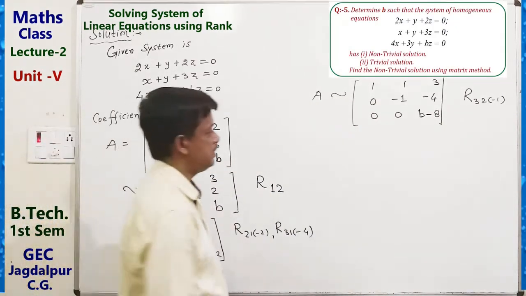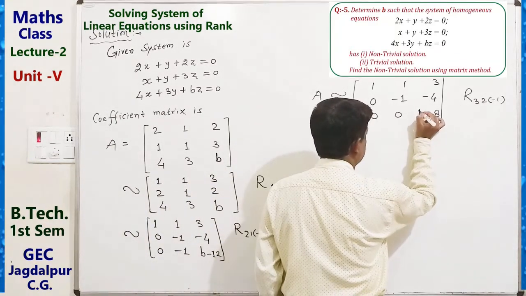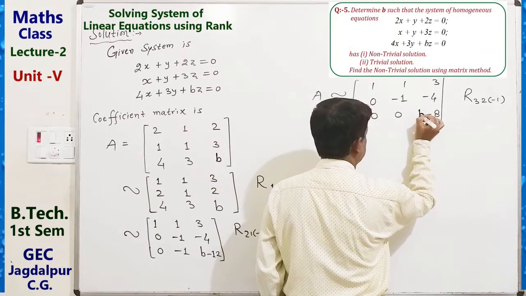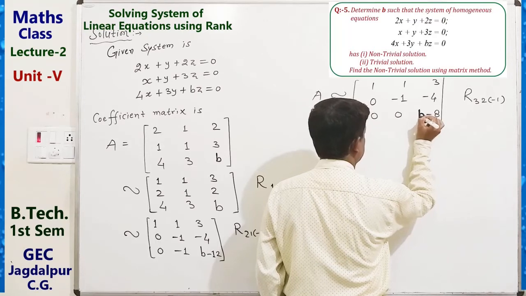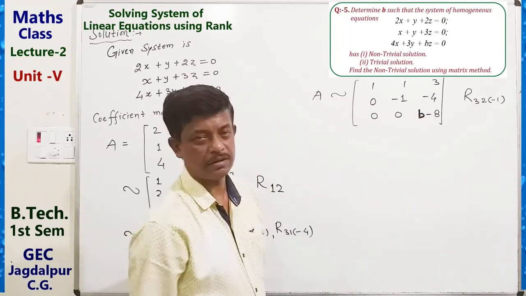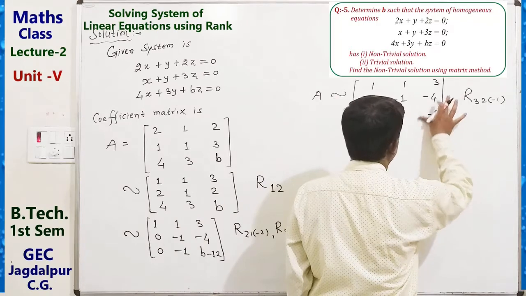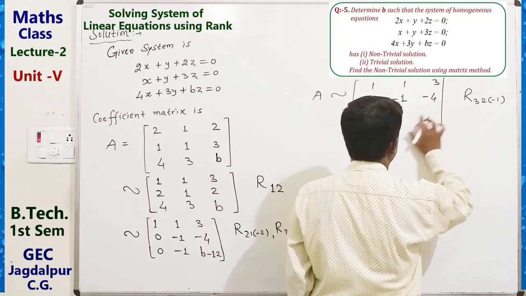Now from here we can decide what will be the value of B. Clear? What will be the value of B here? B minus 8.